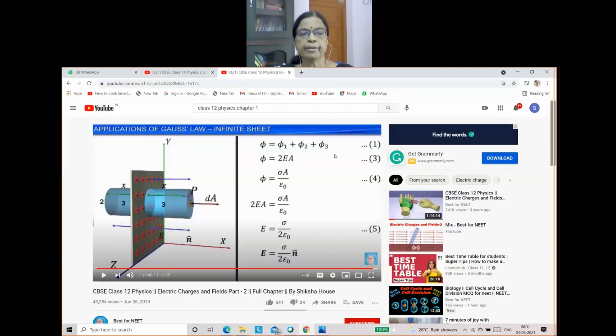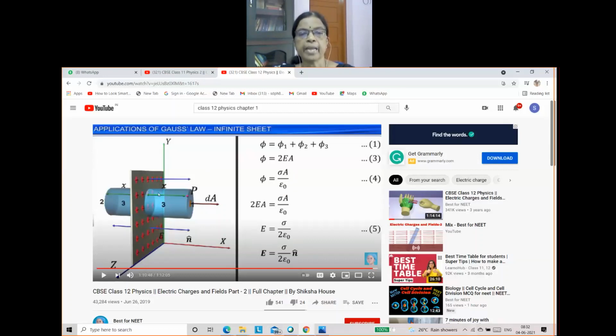Flux through the curved surface is 0 because theta is 90. The other two surfaces constitute the flux here. Flux equal to 2 into E into A. Then we know flux according to Gauss's theorem is Q by epsilon 0. Q is equal to sigma A, the charge of this much area.